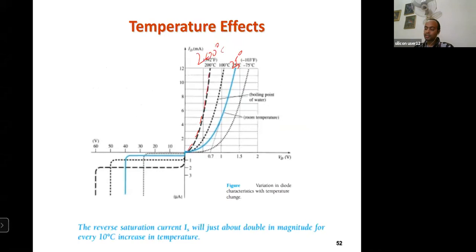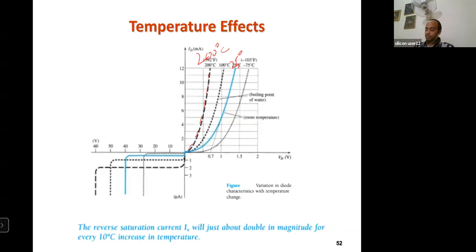So what you are observing is that when the temperature increases, the diode characteristic is moving towards the left, or you can say the breakdown happens early.